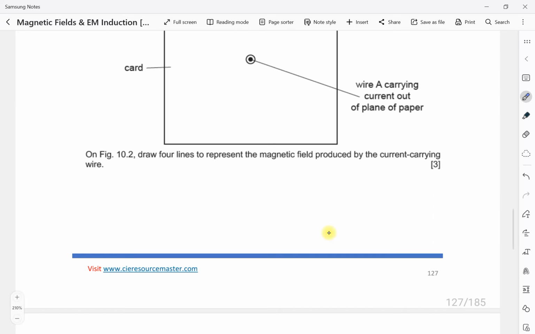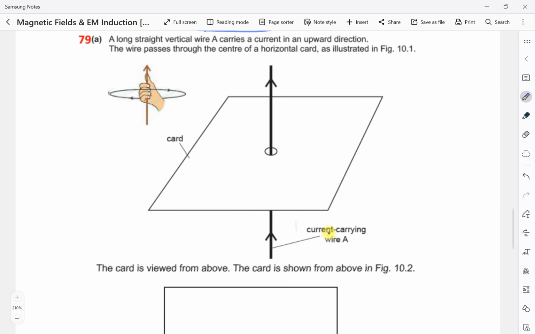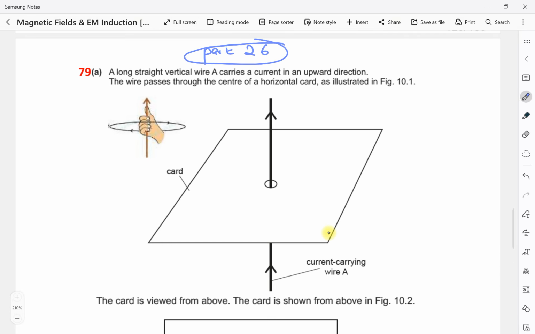On the figure, draw four lines to represent the magnetic field produced by the current-carrying wire. So we imagine gripping our wire in our right hand with the thumb pointing in the direction of the current, as illustrated by this image here. The fingers fold in the direction of the magnetic field, and you notice that the fingers are folding in the anti-clockwise direction.